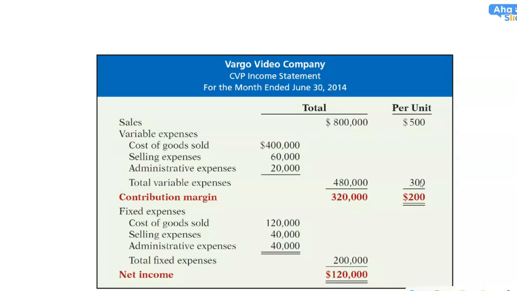And the variable expenses are 300, 480,000 divided by 1,600 units. So you see my contribution margin per unit. This is contribution margin in total. This is contribution margin per unit.